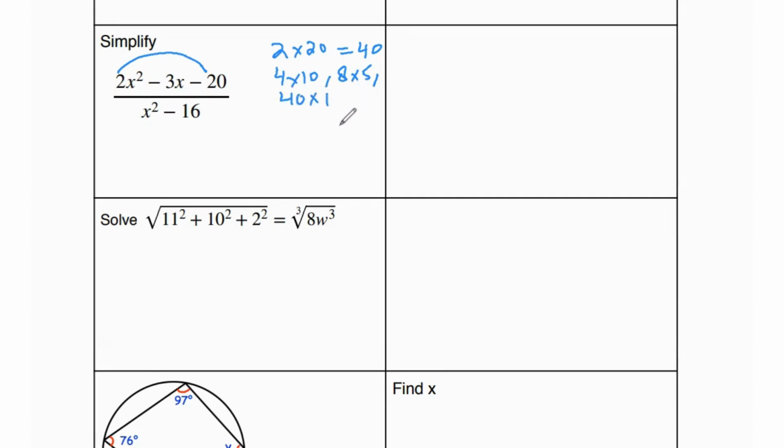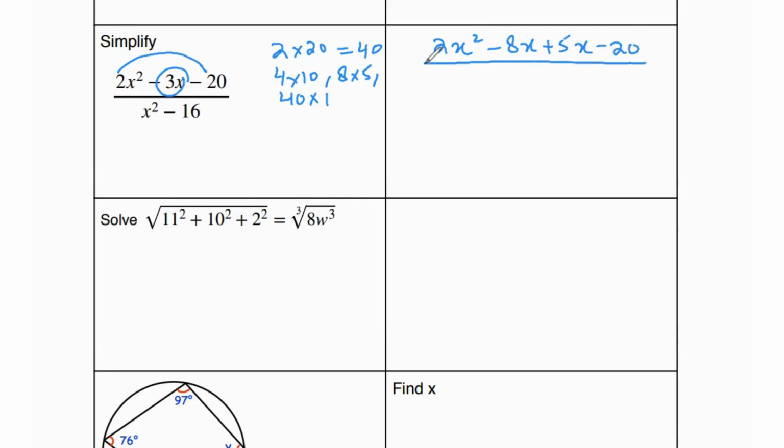Once you've listed out all the factors, we pick that set of factors which when added or subtracted give us the middle term, which is 3. Now we know 8 minus 5 is 3, so we replace the negative 3x with negative 8x plus 5x minus 20.